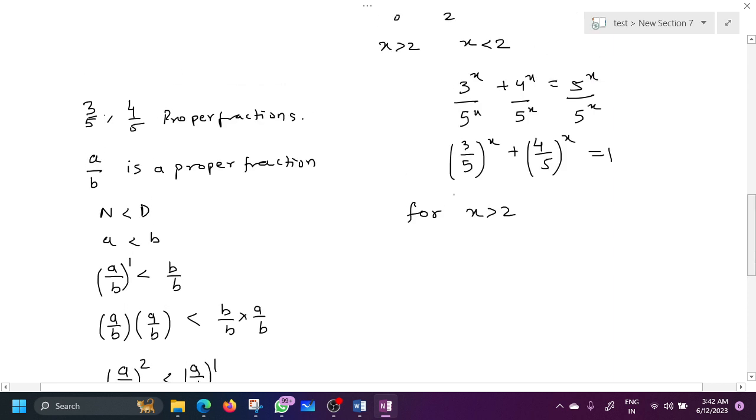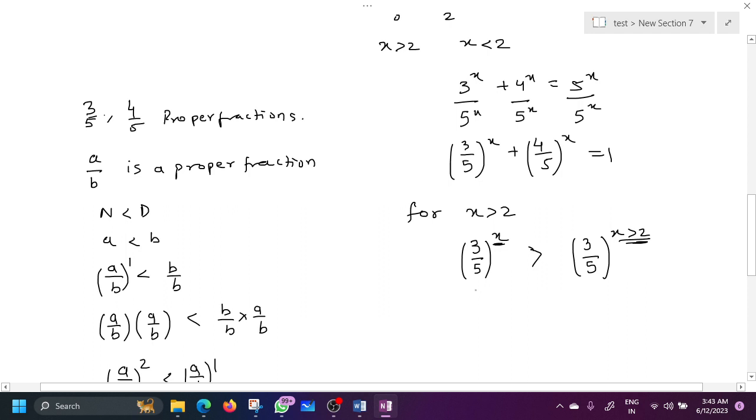So now we are moving on to our original question. We have a fraction which has power x, and we have another fraction. If we increase the power, for 3 by 5, and we increase x from 2, so x is greater than 2, what will happen? I just told you that when you increase the power, the fraction will decrease.